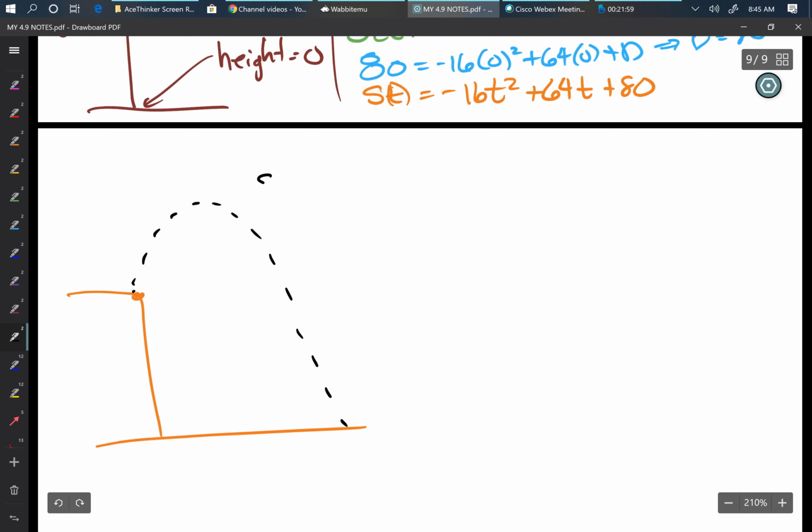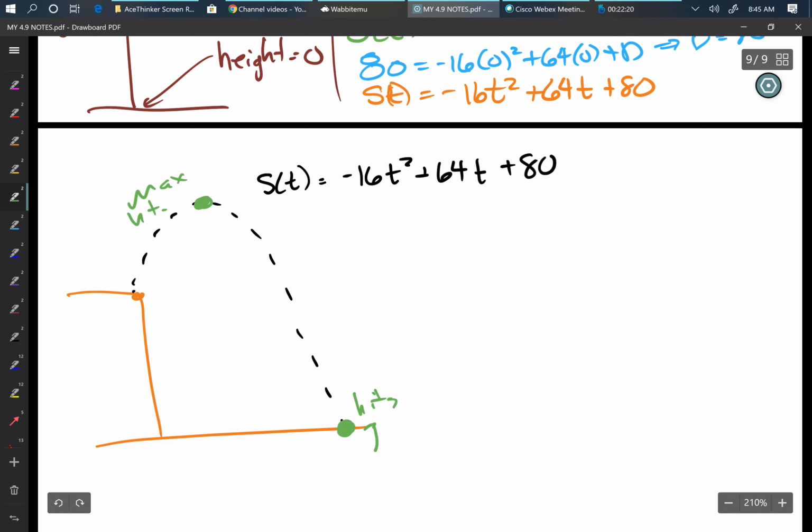At every point in time, the height of the ball, s of t, can be found by negative 16t squared plus 64t plus 80. Right here is going to be maximum height. Right here is going to be when the ball hits the ground. My job is to find those two things.